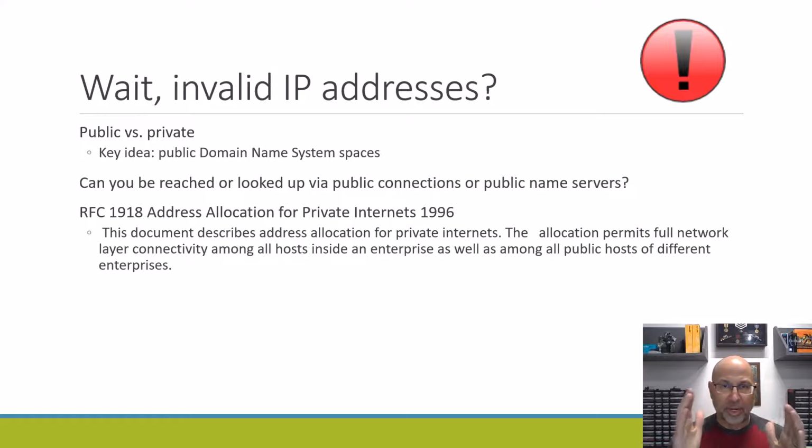So this is all happening, right? 1994 to 2001. Okay, so RFC 1918, this document describes address allocation for private internets. This allocation permits full network layer connectivity among hosts inside an enterprise, so it doesn't matter how many you have, and all of those private hosts can still get out to public hosts, and then vice versa. So we'll have to talk about how that works here in a second.